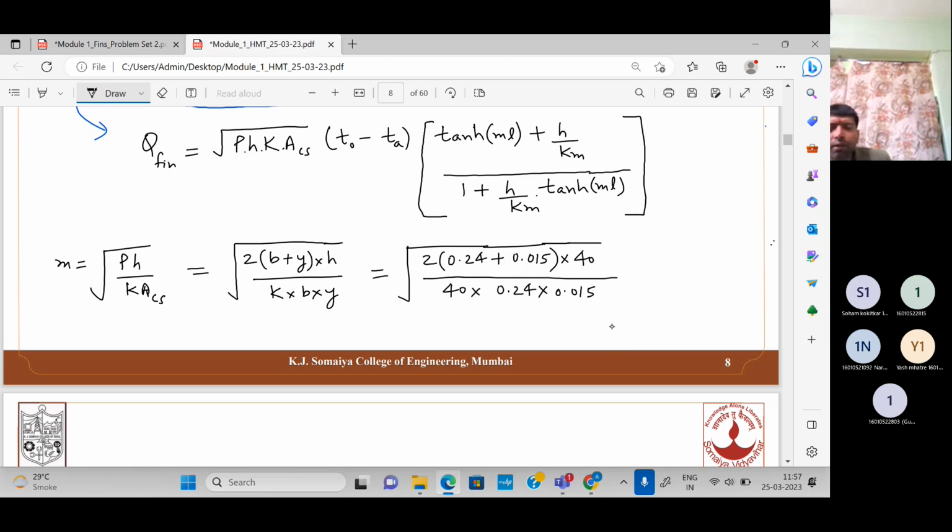Okay, so we have put all the values. Now just calculate this. So the calculated value of M is 11.9. Okay, so M is 11.9.